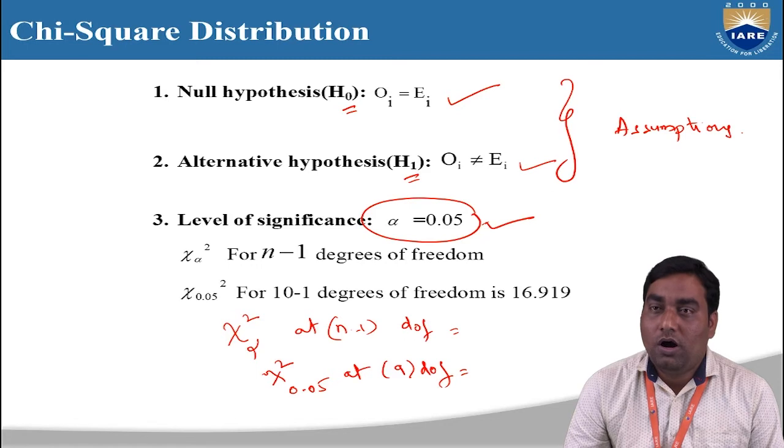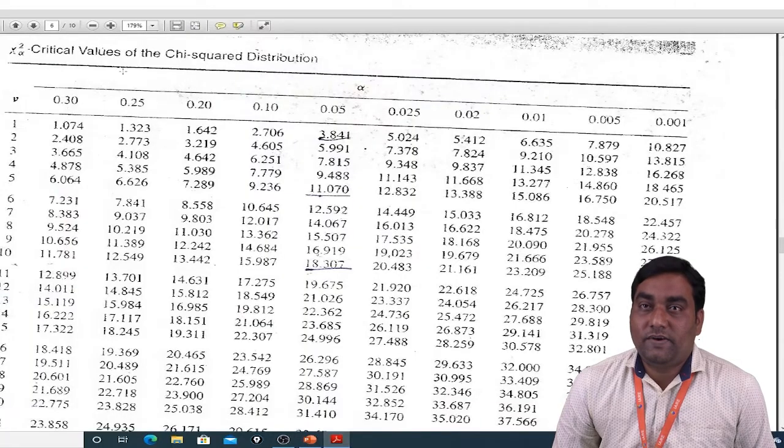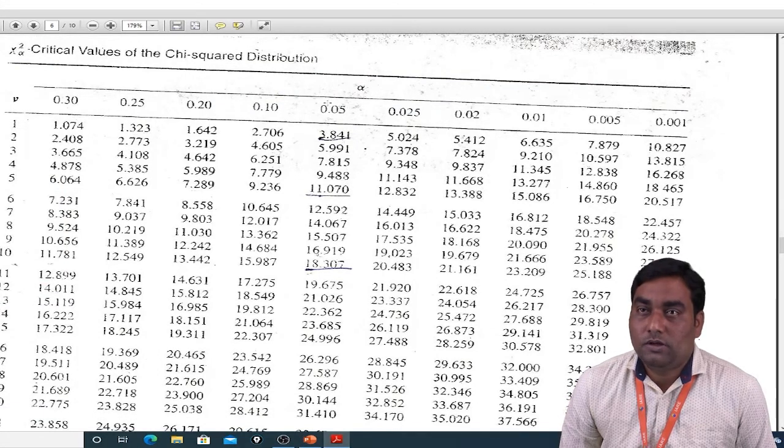I'll show you how to get that chi-square 0.05 value from the distribution table. This is chi-square alpha, critical values of the chi-square distribution. Alpha values are given as 0.3, 0.25, 0.2. Our alpha value is 0.05.